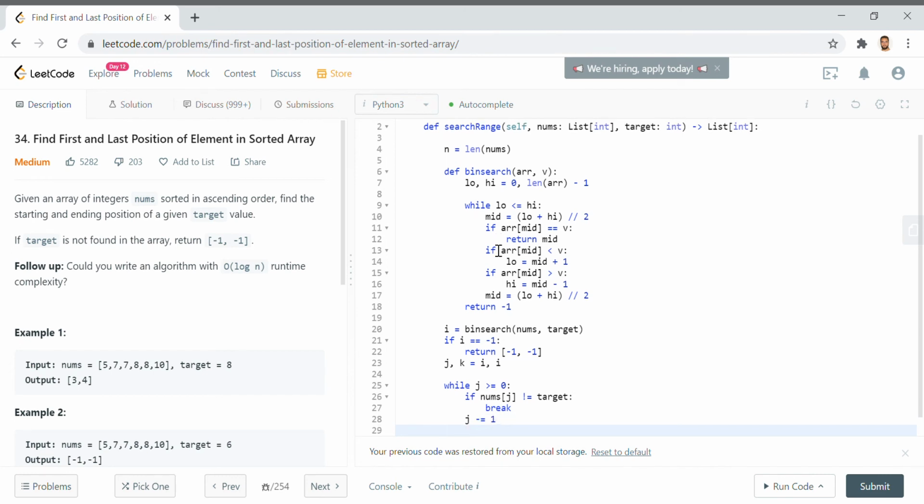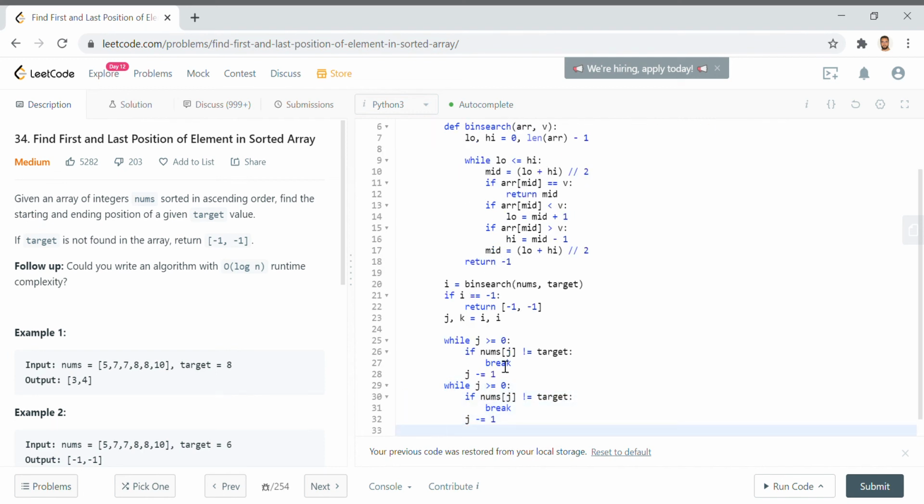So we continue to decrement j by 1 until we've found the last time that our element appears in the array. And of course, as you can expect, we're going to do similar logic for the right. We want to extend k until we've located the rightmost instance of our integer.